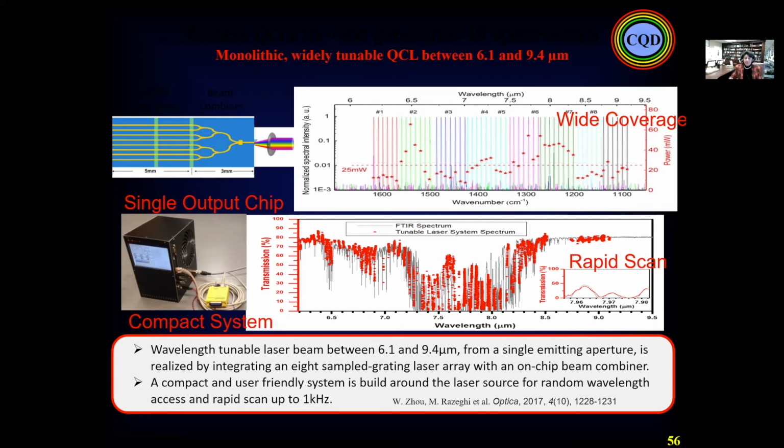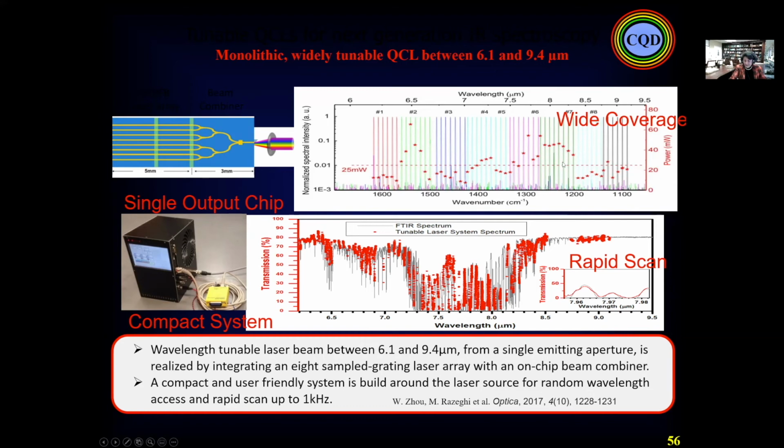Monolithic, widely tunable QCL between 6 to 9.5 micron. The wavelength tunable laser beam is from 6 to 9.5 from a single emitter facet, and is realized by integrating 8 sampled grating laser arrays with, again, an on-chip beam combiner, 8 to 4, 4 to 2, 2 to 1, and a compact and user-friendly system is built around the laser source for random wavelength access and rapid scan up to 1 kilohertz, any wavelength that we want.